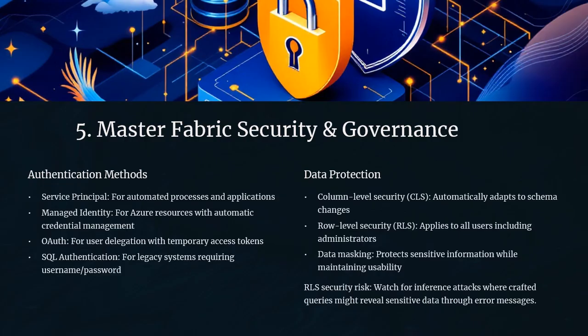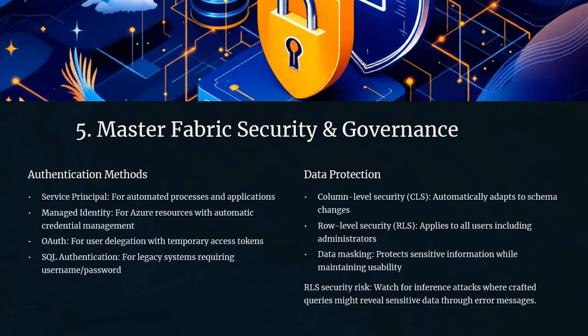On the data protection front, Fabric provides robust controls. Column-level security automatically adapts to schema changes, restricting access to sensitive columns. Row-level security applies to all users, including admins, enforcing fine-grained data access policies. Data masking hides sensitive information while keeping data usable for analytics.